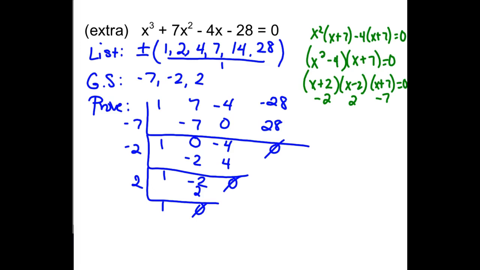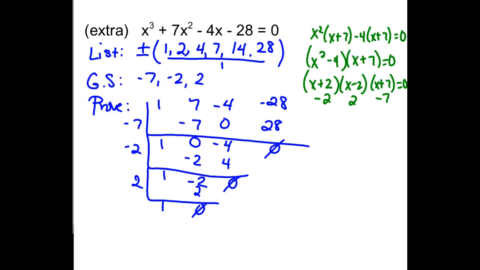Yes? Now, obviously, if I told you find all the zeros using the synthetic process, you'd go through it with the first route. If I say solve by factoring, you go through with my second method. But if I give you the option, keep your minds open to what you have as options.